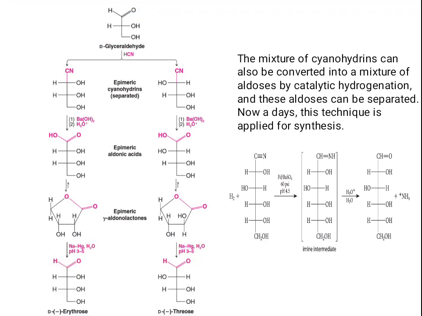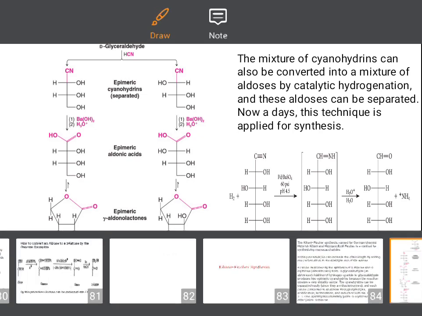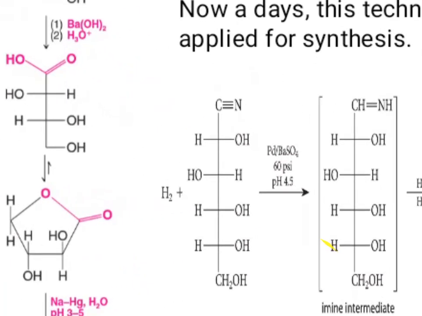The mixture of cyanohydrins can also be converted into a mixture of aldoses by catalytic hydrogenation, and these aldoses can be separated. Nowadays, this technique is applied for synthesis. That means this technique, this catalytic hydrogenation. Okay, let me zoom in.